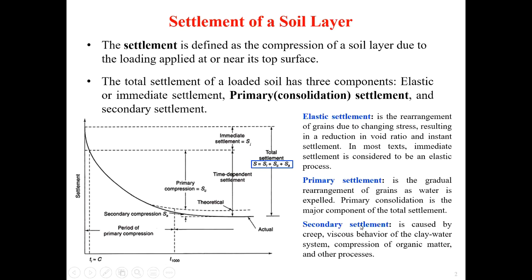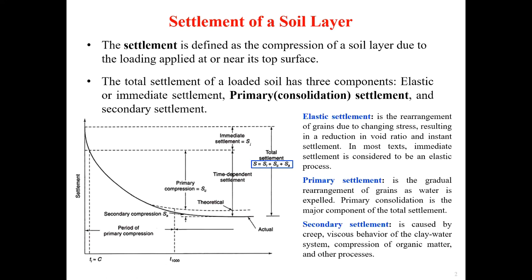The last type of settlement I want to introduce is called secondary settlement. This is the settlement that occurs constantly over time, and it's due to the breakdown or decomposition of the soil particles themselves. We get a long-term distortion of the grains, and it has the appearance of a plastic creep type deformation.